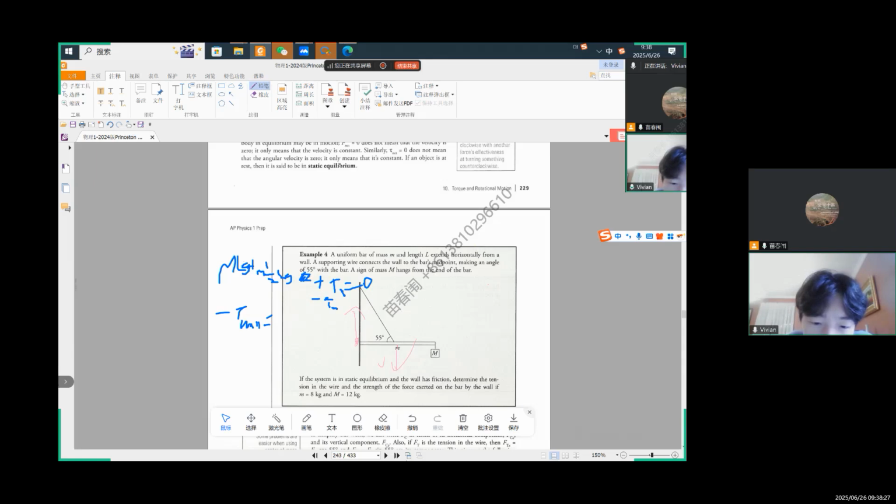So M is 8 kilograms and 12 grams. 12 times L times 10 plus 1 plus 6.